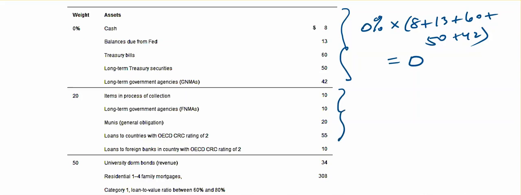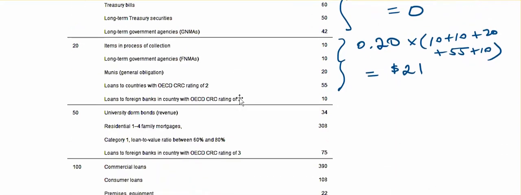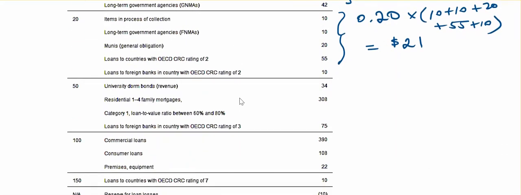The next group of assets have a weighting of 20%. So we'll weight that by 0.2 and add up everything in that category. And that will give you 21, a risk-weighted value of 21 million. And so on. So 0.5 times, we're going to add up everything in there.